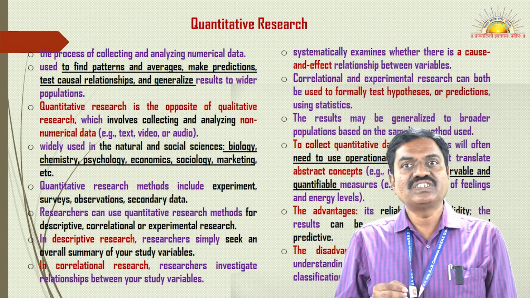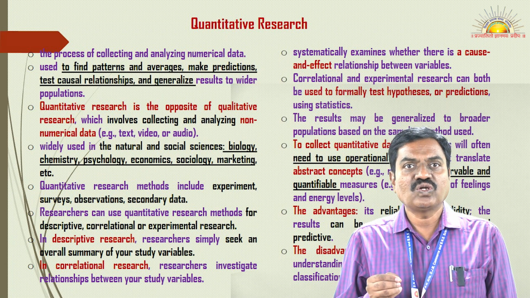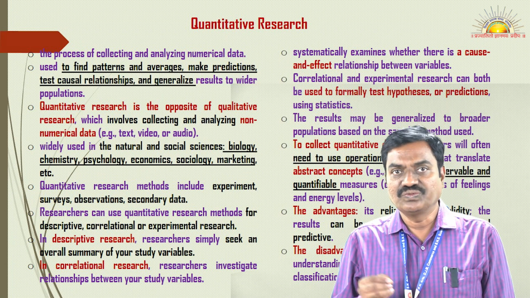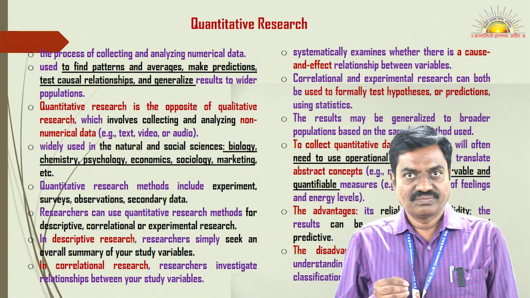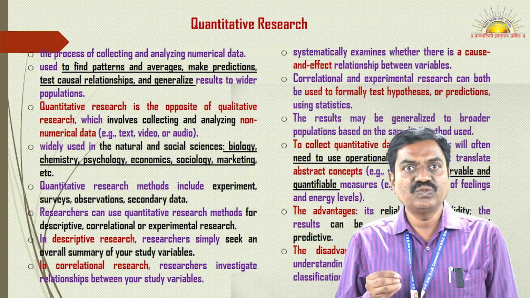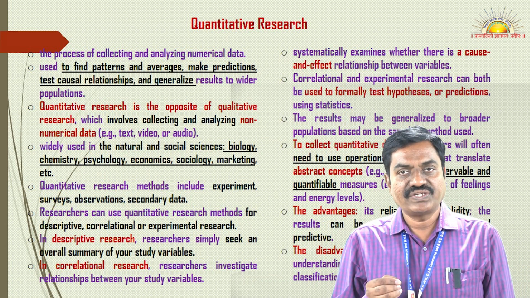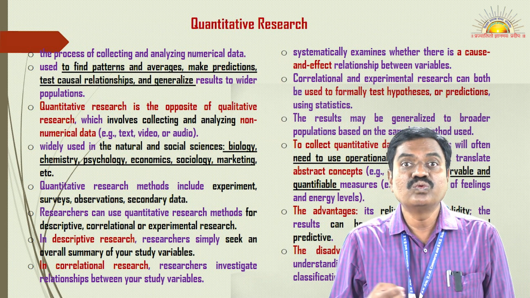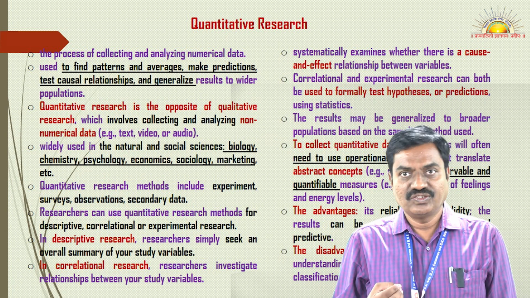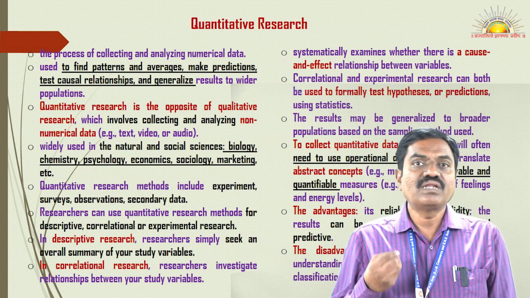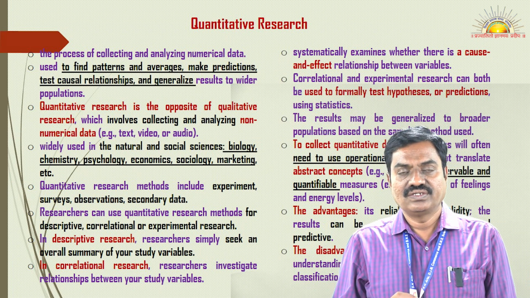The results may be generalized to broader populations based on the sampling method used. To collect quantitative data, researchers often need to use operational definitions that translate abstract concepts, for example mood, into observable and quantifiable measures, for example self ratings of feelings and energy levels, etc.